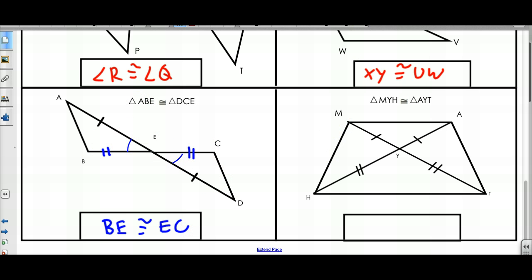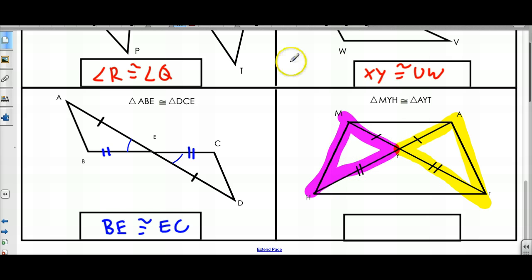Now finally, once again, take out your highlighters. I want to prove that MYH, this triangle is congruent to AYT using side angle side. Now if we look at both these triangles, on this triangle I have one side that's the same on both of them and another side that's the same.